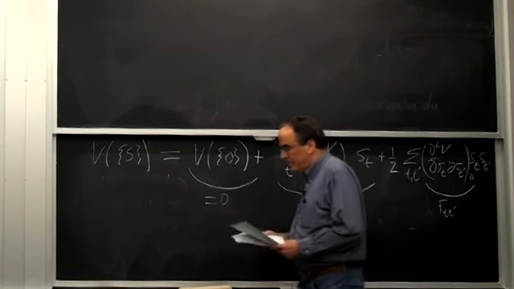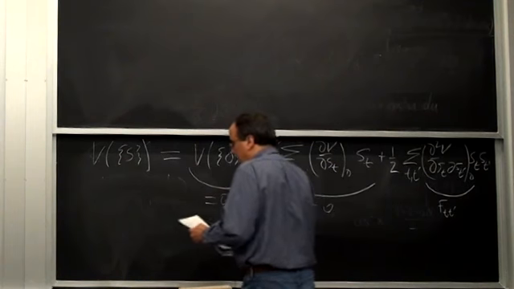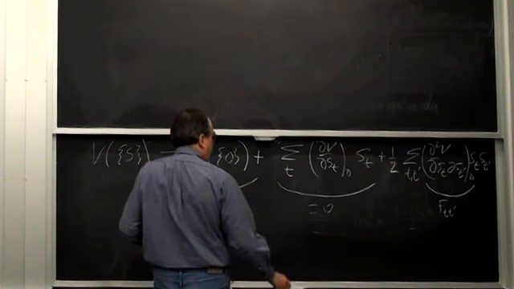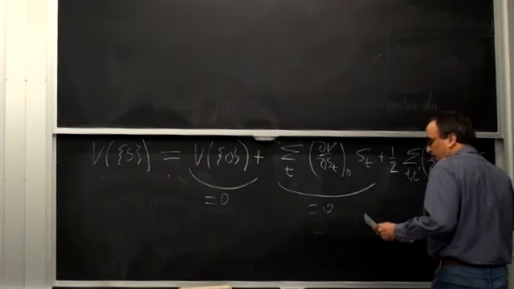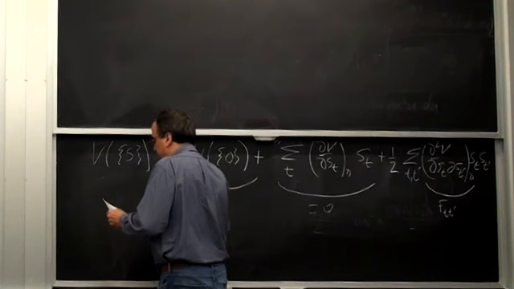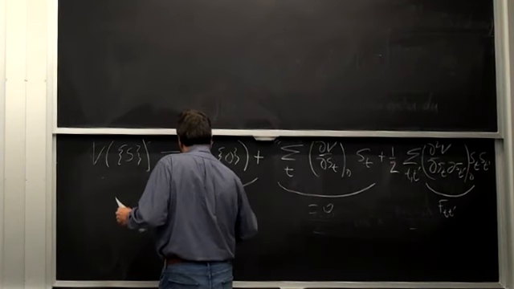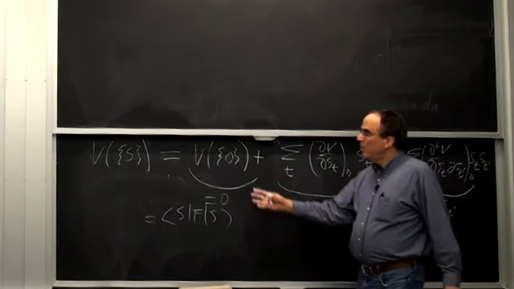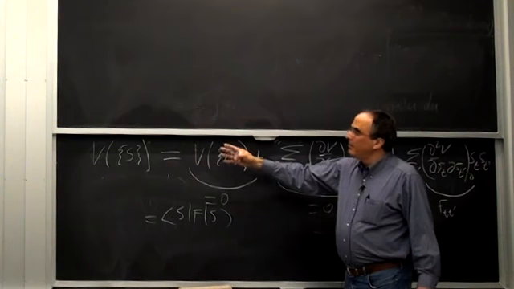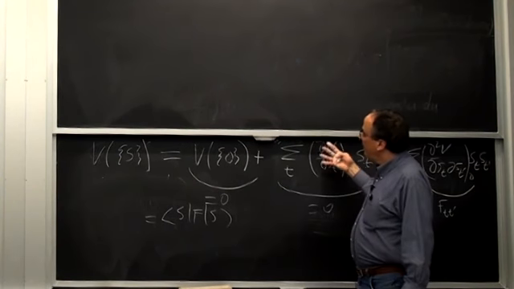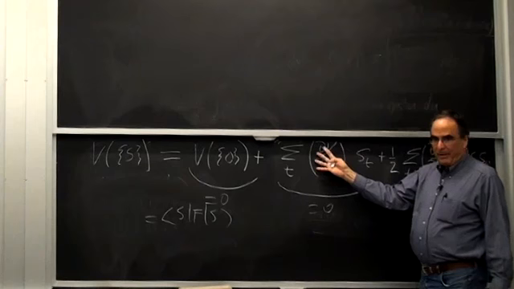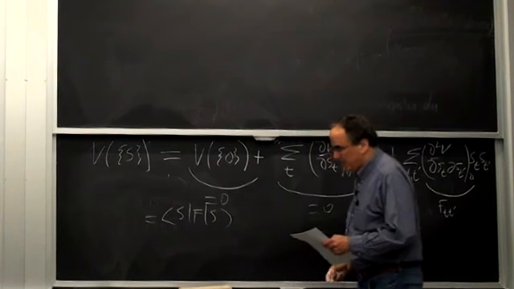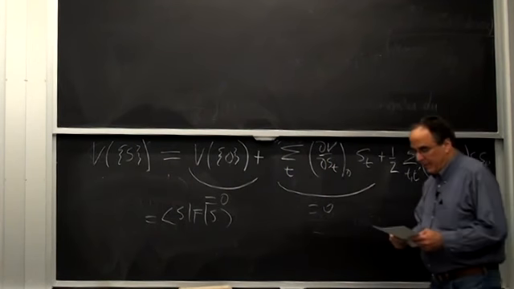Okay, so we can write the potential energy in terms of this F matrix, and the shorthand for that is going to be S F S. So by choosing the zero of energy at the minimum of the potential and exploiting the fact that we are at the minimum, we get rid of these two terms, and the potential energy is SFS.